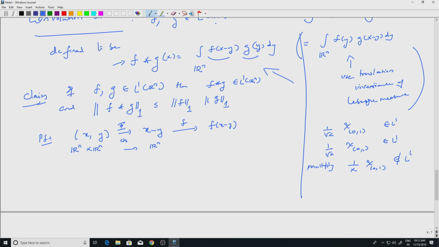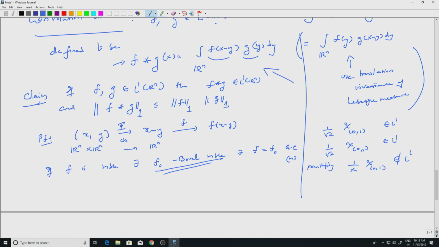But recall the theorem we proved yesterday in the last lecture, that if f is measurable, there exists f naught Borel measurable such that f equals f naught almost everywhere with respect to Lebesgue measure. So I can replace f and g with Borel measurable functions.